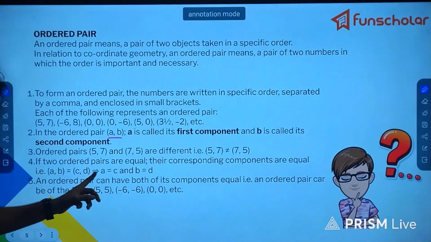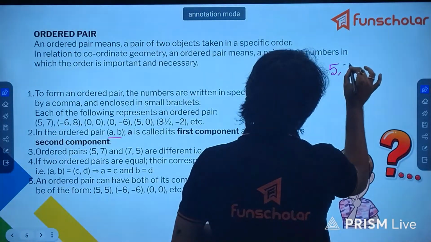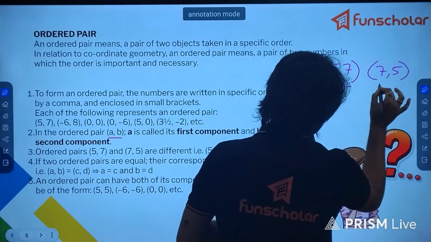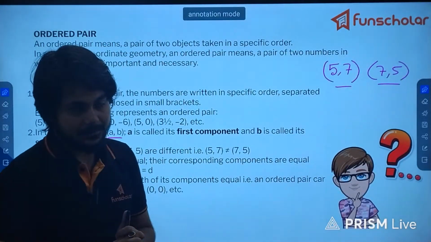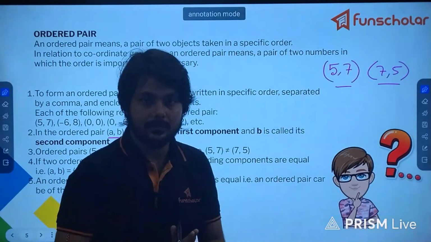Ordered pairs 5 comma 7 and 7 comma 5. If we take 5 comma 7 and 7 comma 5, these two ordered pairs, are they the same? Your answer will be no sir, this is not the same. Why?